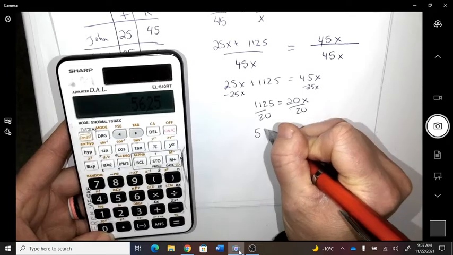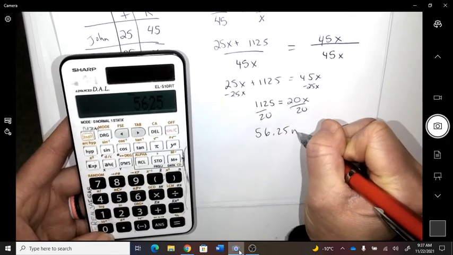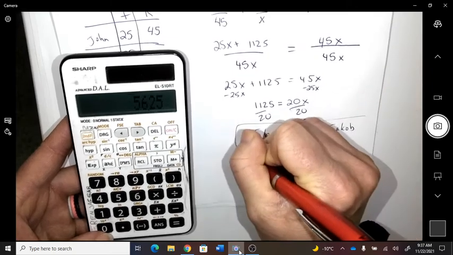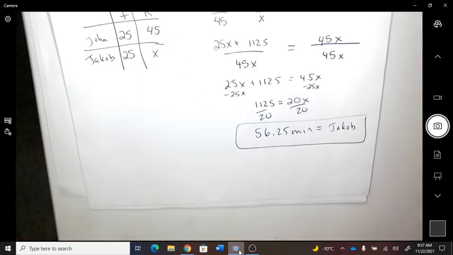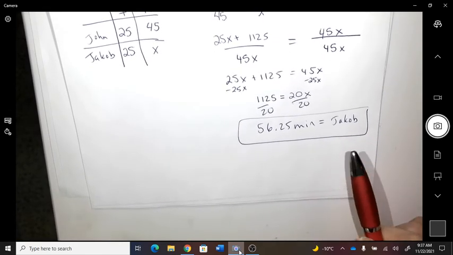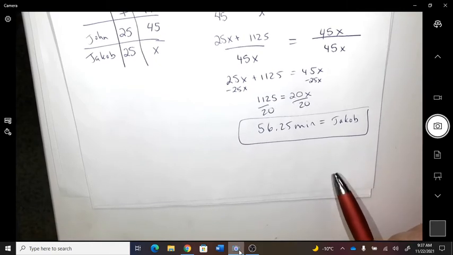Keep going with your algebra, see if you can get an answer here. Okay, word problems. So what does it mean? What are you figuring out? What is x? X is how long Jacob takes if he is working all by himself.